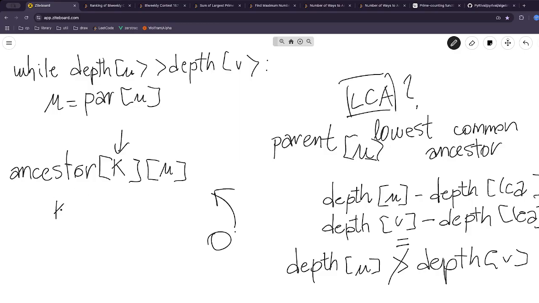So if k equals 0, that means that I'm moving up 2 to the k times, right?